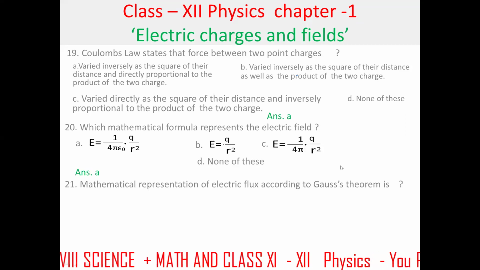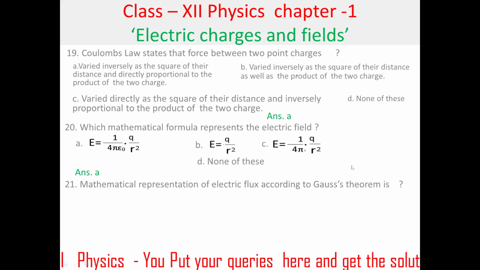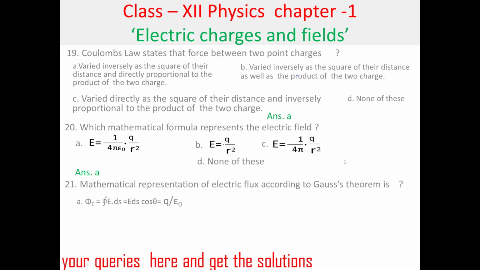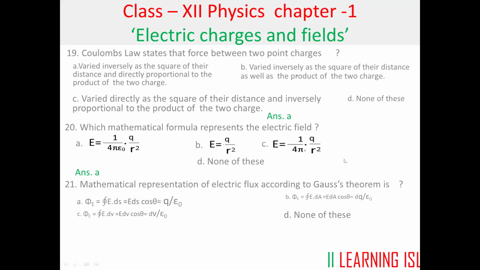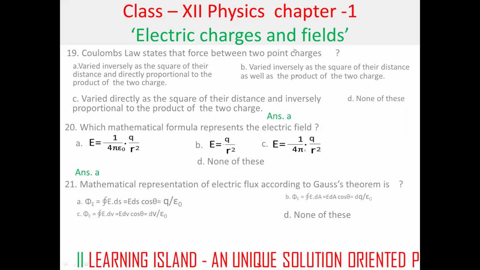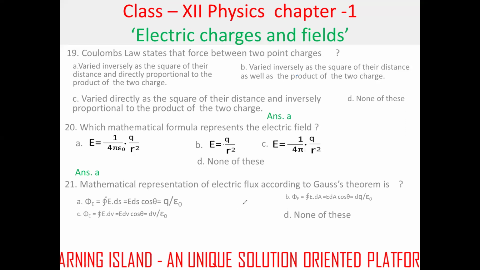Question number 21. Mathematical representation of electric flux according to Gauss's theorem is. I hope you know this, no need to explain. Here you see phi. Phi is for the entire closed surface, this means closed surface.